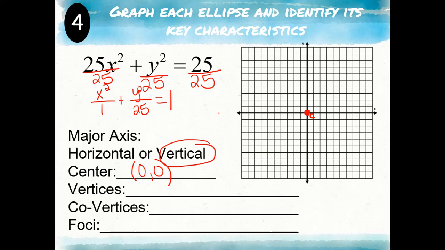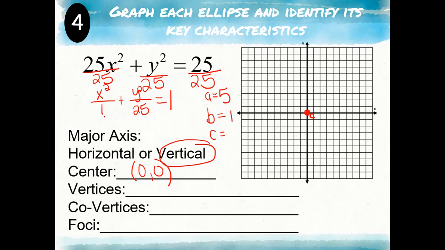Now, I want to find my a, b, and my c. So a is the bigger number. So I'm going to square root this number down here because it's a squared down there. So that's 5. b is the square root of the other number, which in this case is 1. And then I need to find c. Now remember, it was a squared minus b squared.